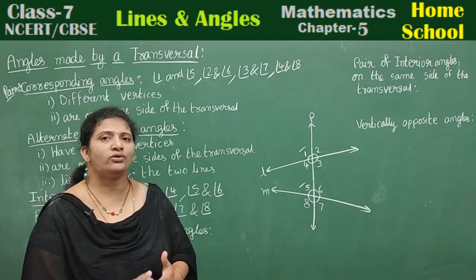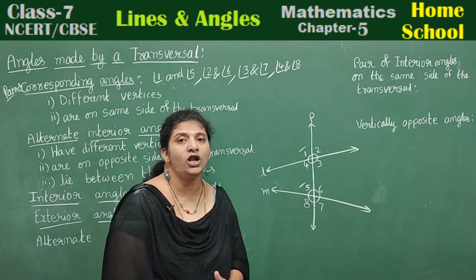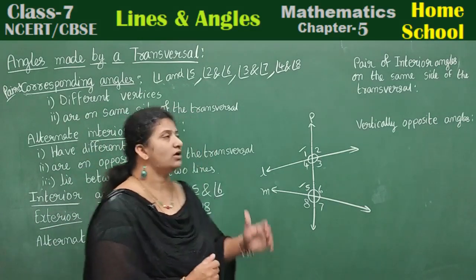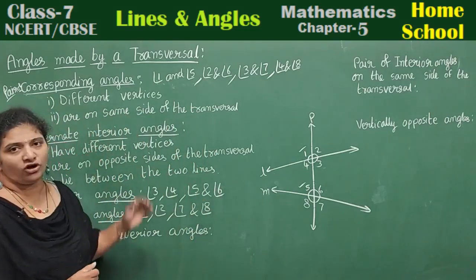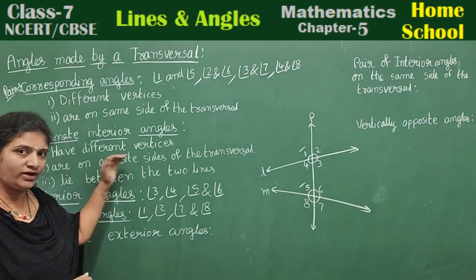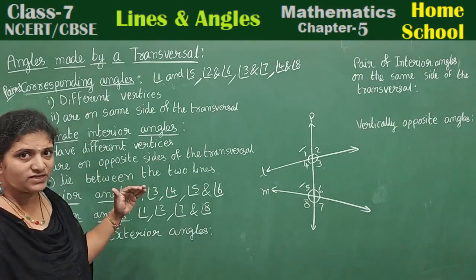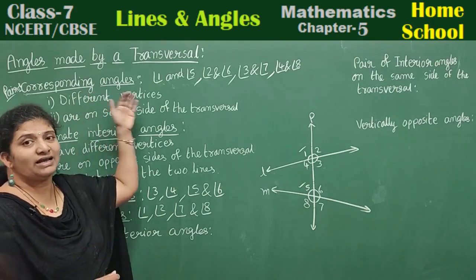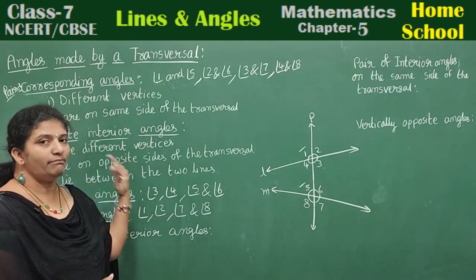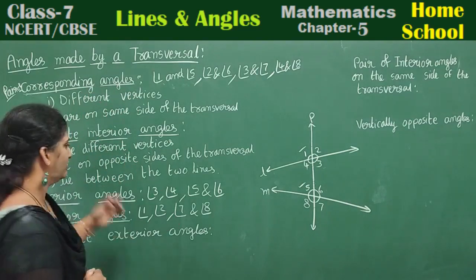Next, we are going to identify one more type of angles, that is alternate angles. Alternate angles should follow 3 steps. What are those? They should have different vertices and be on the opposite side of the transversal, whereas corresponding angles are on the same side. But alternate angles should be on the opposite side of the transversal.